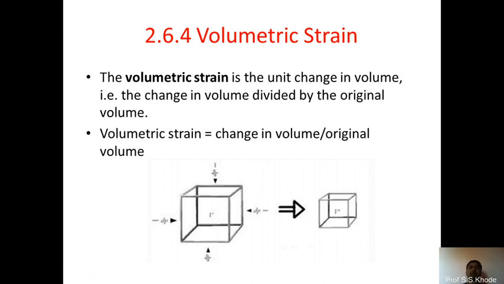At that time it is very important to formulate and find the volumetric strain. It is simply denoted by the symbol E suffix V. So once again I will revise the formula: volumetric strain is the change in volume upon original volume. So this is all about today's concept.